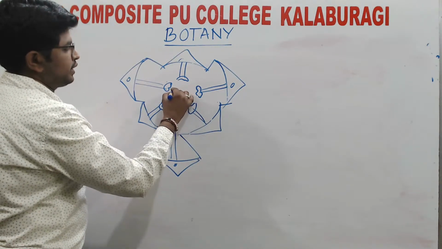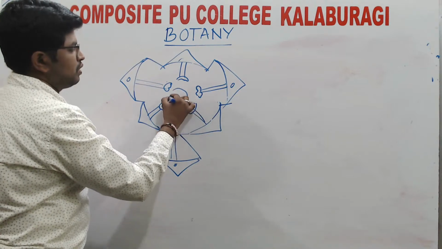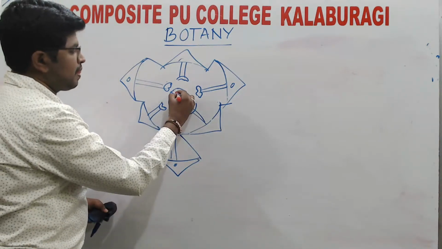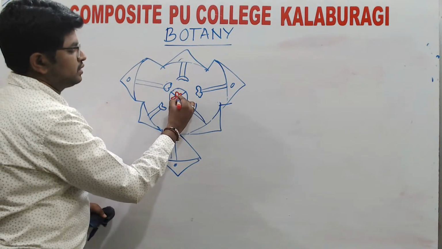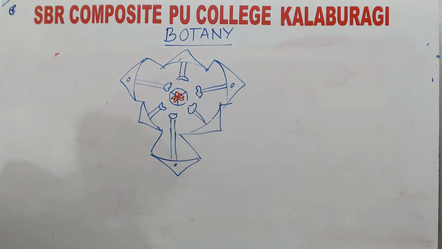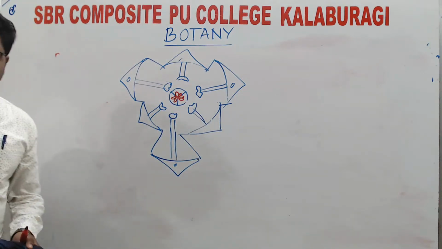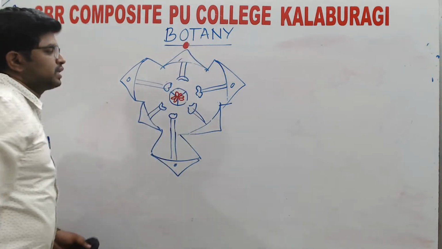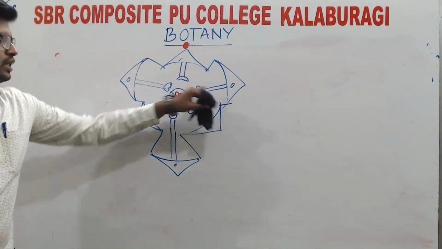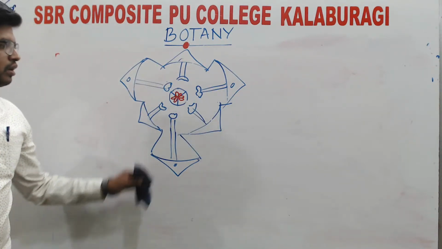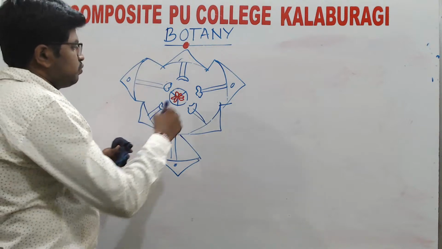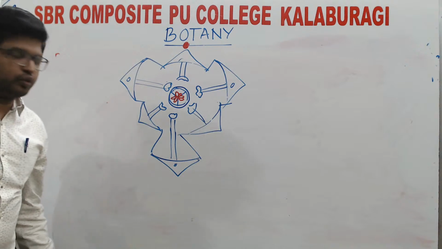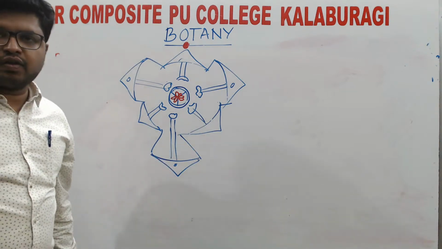Then you have the tricarpellary ovary, with ovules like this. This is the Liliaceae family floral diagram, and you have a mother axis, which I am drawing. So these are 3 plus 3 arranged in whorls. This is the ovary at the center. This is the androecium. For a clear diagram, you can refer to the NCERT. This is how roughly I have drawn it here.